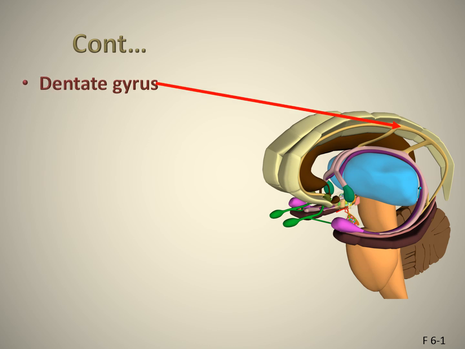Immediately underneath the cingulate gyrus is the dentate gyrus, which is in charge of creating what is defined as episodic memories. Episodic memories refer to those activities that happen repeatedly over time. For example, the access to a milking parlor every day in the morning and afternoon.